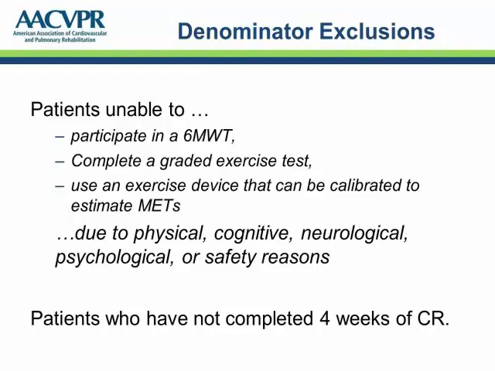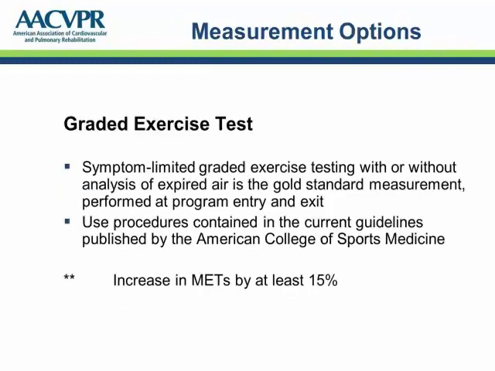So there are 3 options of measurement for this performance measure. Obviously, the same measurement method must be used at the start and at program completion. The first method is a symptom-limited graded exercise test, and this is considered to be the gold standard measurement if performed at program entry and at exit.